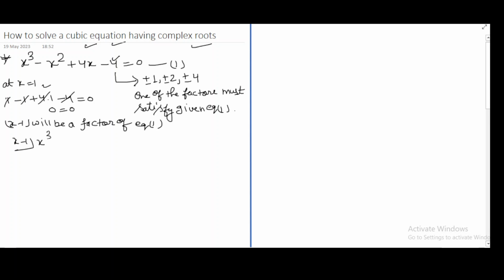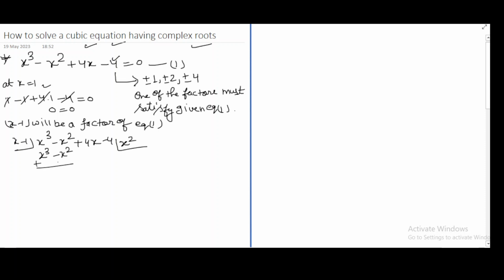Dividing x cube minus x square plus 4x minus 4 by x minus 1: to get x cube, we multiply x minus 1 by x square, so we get x cube minus x square.